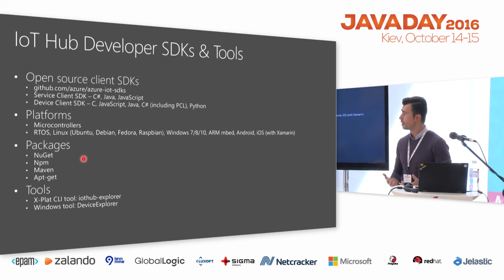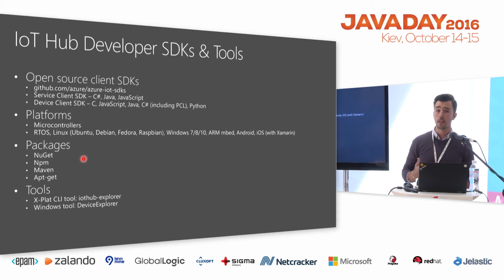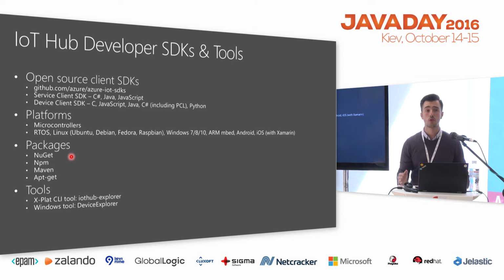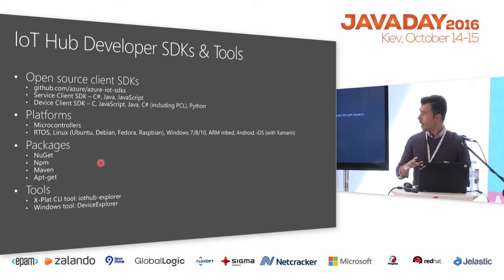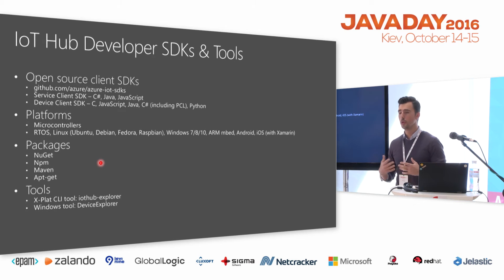They come conveniently in packages, so you can manage them with a package manager. I guess for Java developers, Maven would be the one that's really interesting, and that's the one that I use mostly. Aside from this, you have tools that help you to debug and see what's going on with your devices. Are they connected? Are they provisioned?